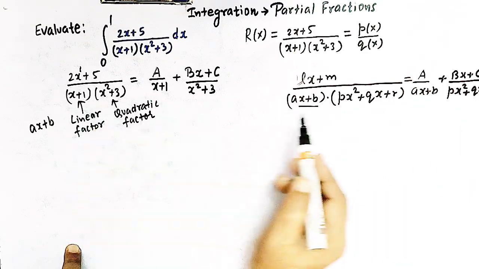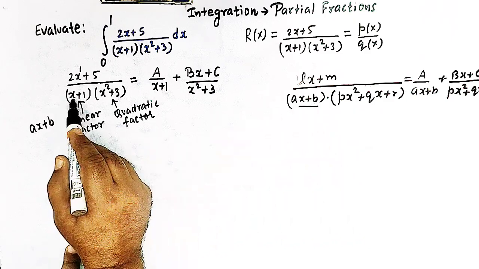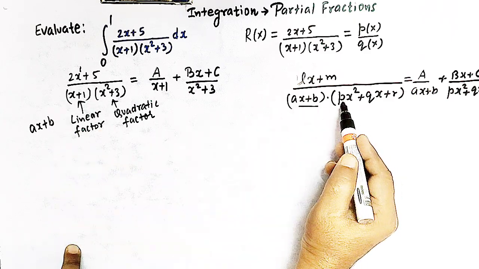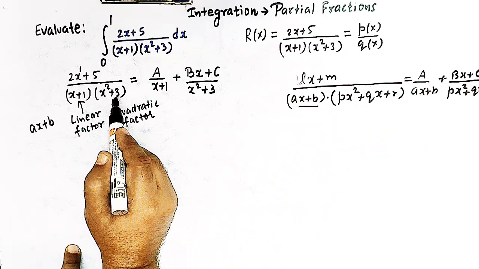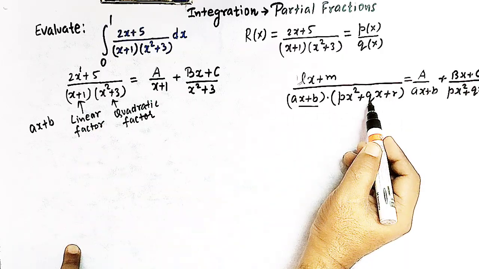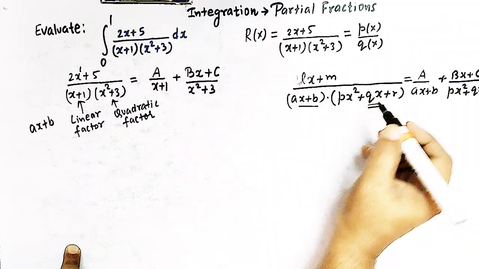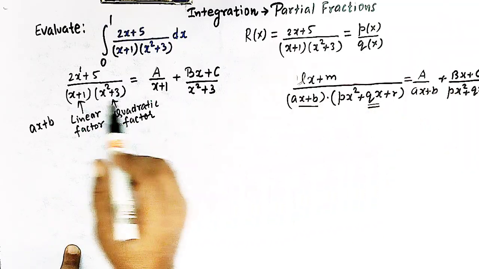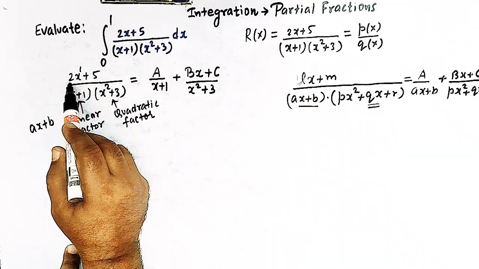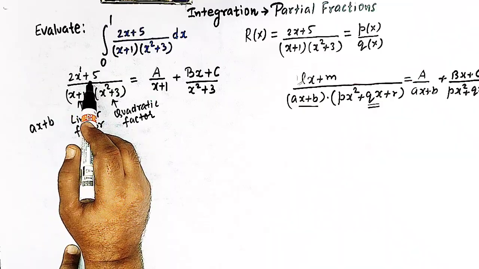So for ax plus b we have x plus 1, for px square plus qx plus r we have x square plus 3, we do not have the term qx, and lx plus m is given by 2x plus 5, right?